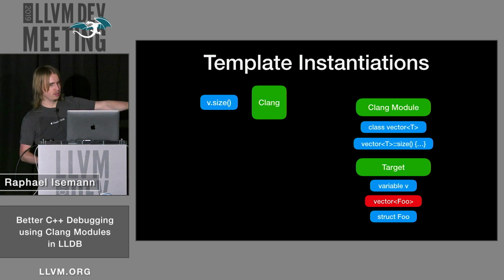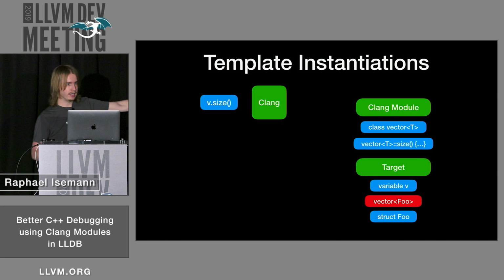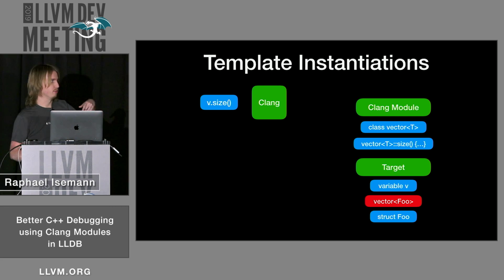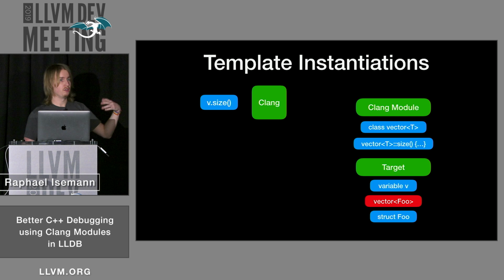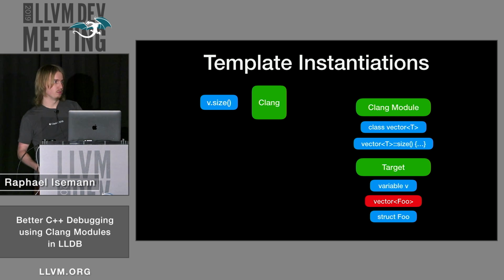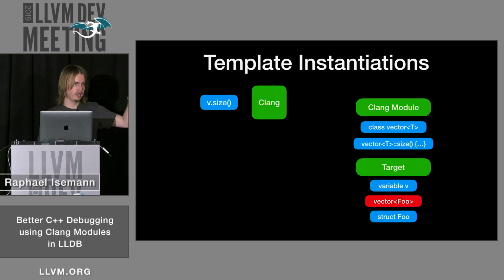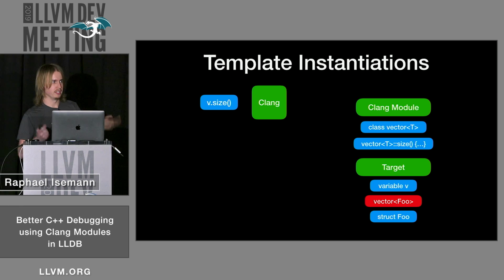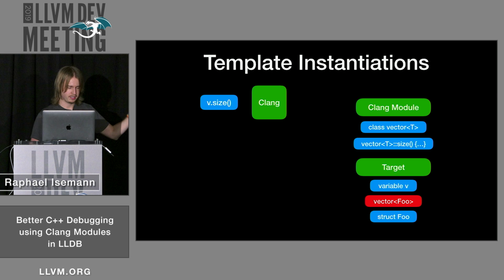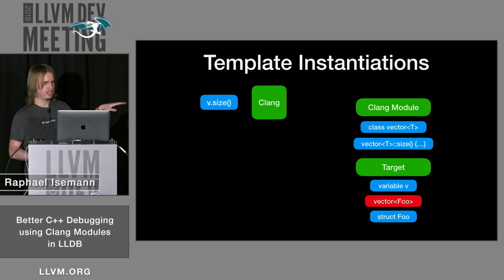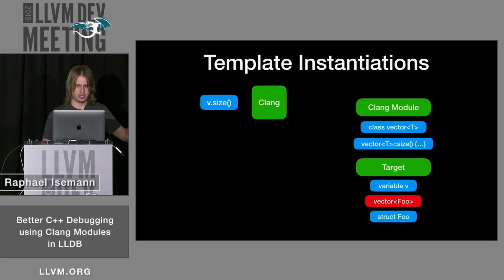But as soon as we bring over the vector of foo in our Clang AST, we get, for example, the size signature, which in turn causes our Clang instance to emit a call into the target's compiled function for size, which doesn't exist because we don't call size in our program. So we want to avoid getting vector of foo in our expression AST.